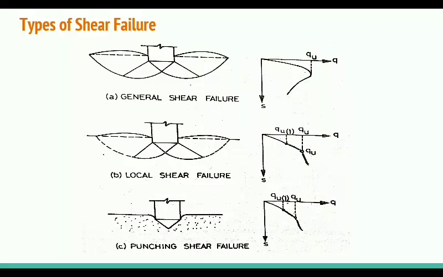So that's why Terzaghi's theory in 1943 was given to calculate the ultimate bearing capacity for the case of general shear failure or local shear failure. He has not given the theory for punching shear failure, because we are not going to construct a footing in loose sand or soft clay, right? So these are the basic three types of shear failure.